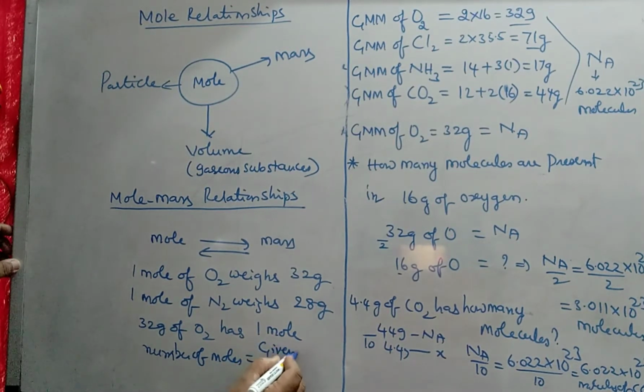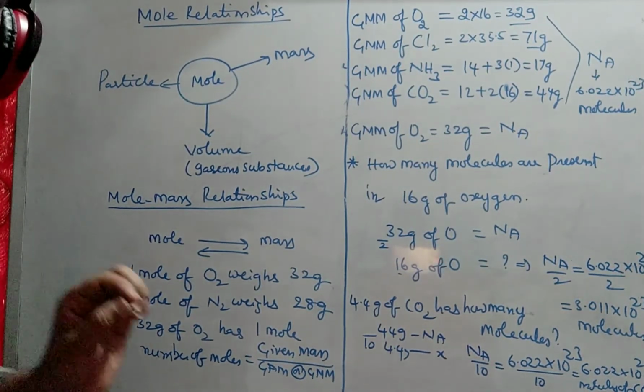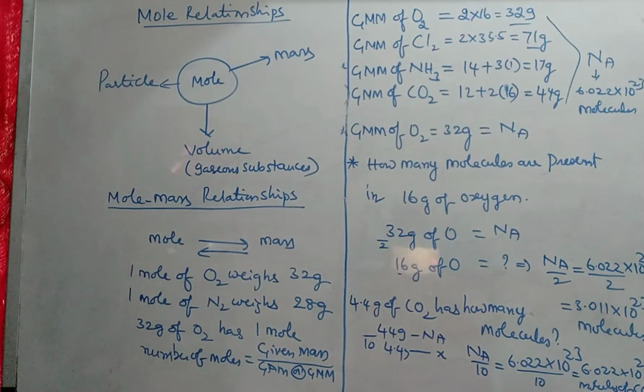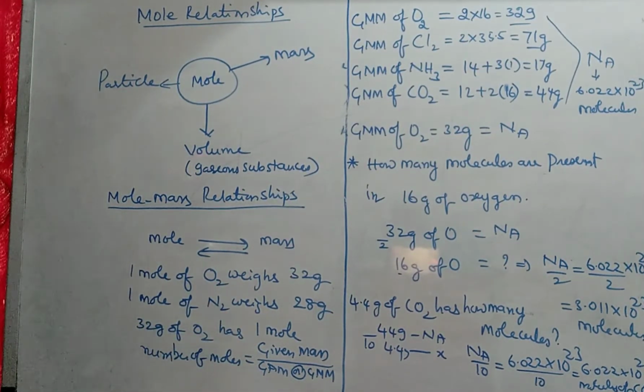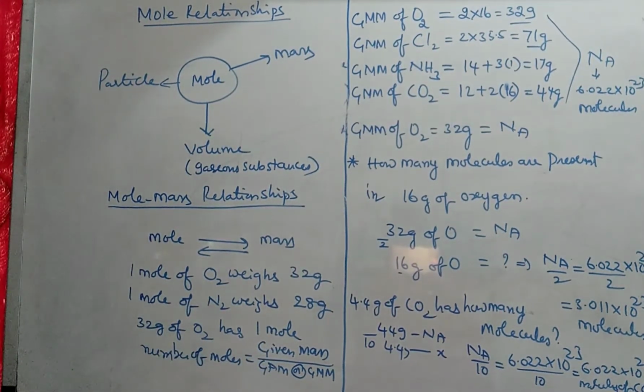Number of moles equals given mass by gram atomic mass or gram molecular mass. The formula to calculate the number of moles is given mass by gram atomic mass or gram molecular mass.